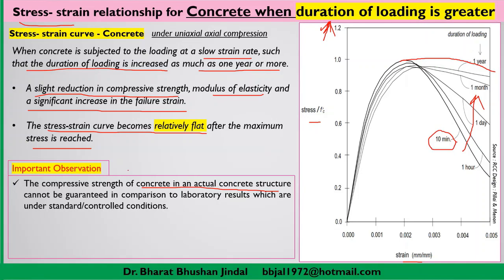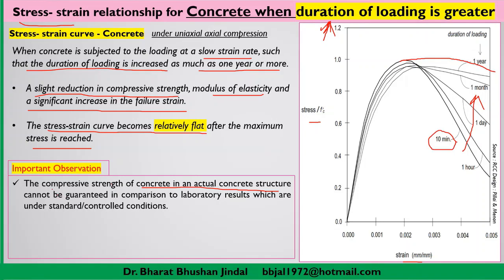But when you have to use that concrete in actual conditions, the size of the members of the structures, like a huge column or beam or slab, will be comparatively 1,000 times or 100 times greater than the size of a cube.